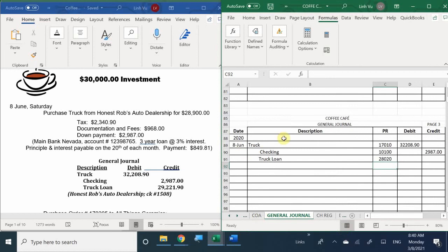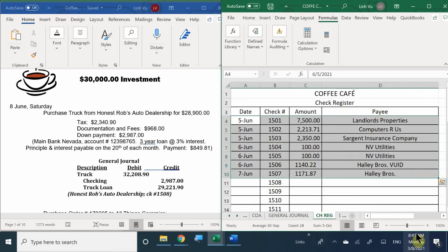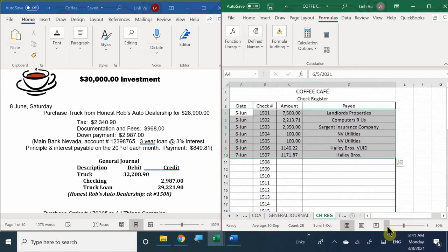Before we can continue, first things first, what check did I write? So I'm going to go to my check register, and we're going to fill in the information here. It's now June 8th, and we paid $2,987 to who?